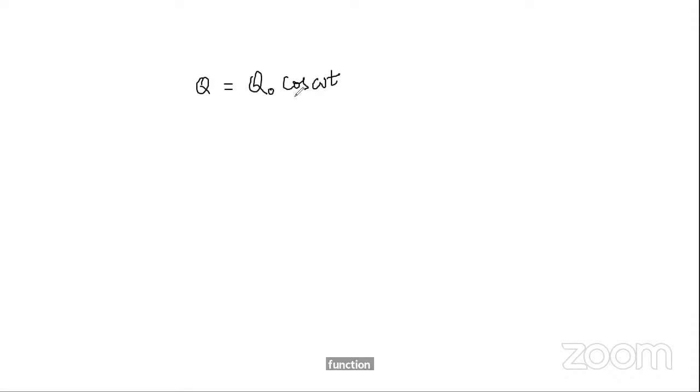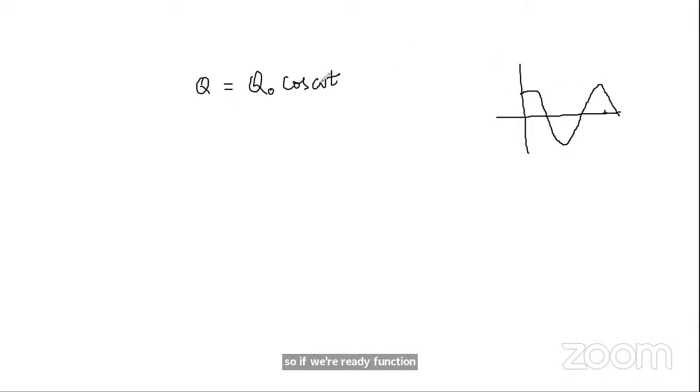When the capacitor is fully charged, your charge value is maximum. A cosine function actually starts with the maximum value, so the cosine wave starts from the maximum and goes on like this. Similarly here in this LC circuit, the capacitor stores the maximum amount of charge, so it is a cosine function. Q equal to Q naught cos omega t.